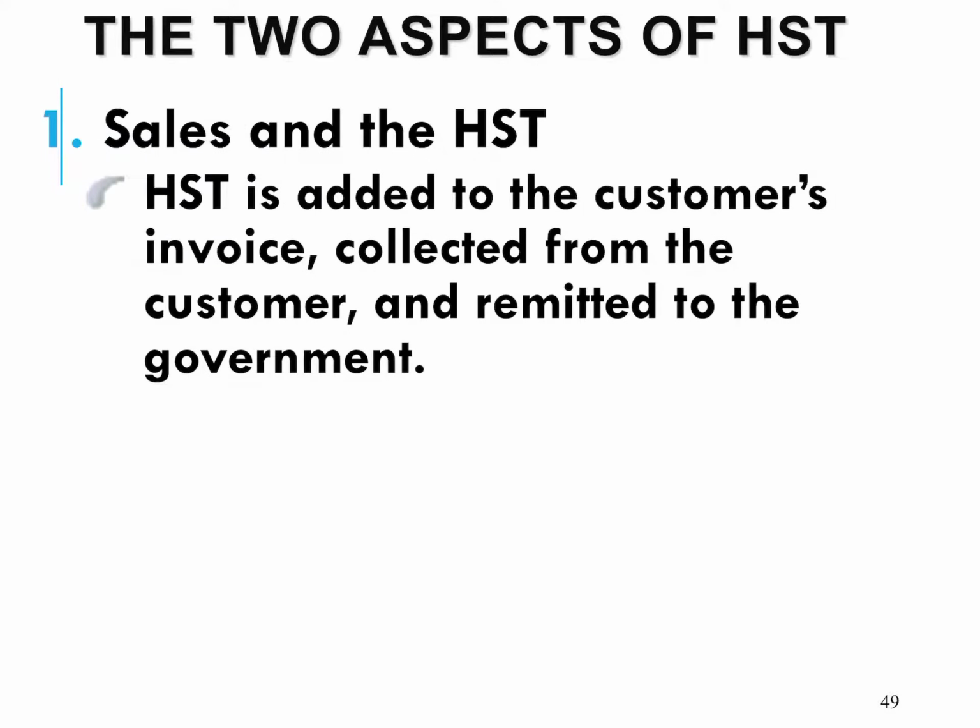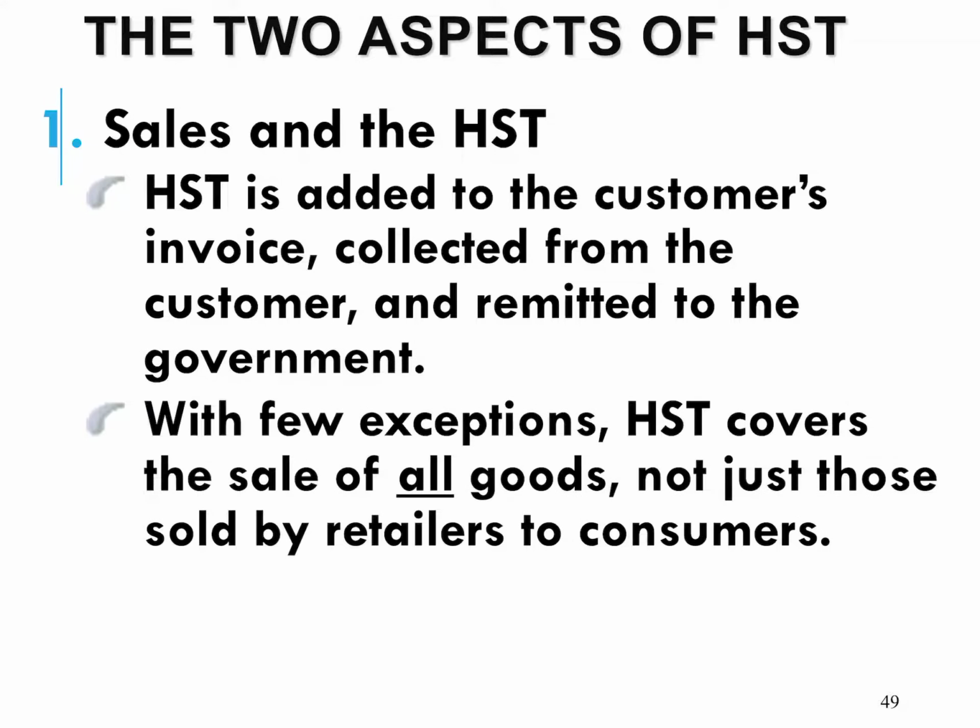So sales in the HST system, HST is added to the customer's invoice, collected from the customer, and remitted to the government. With a few exceptions, HST covers the sale of all goods, not just those sold by retailers to consumers. If you remember with PST, it didn't apply to services. Well, HST, which includes PST and GST, does apply to all goods and services.